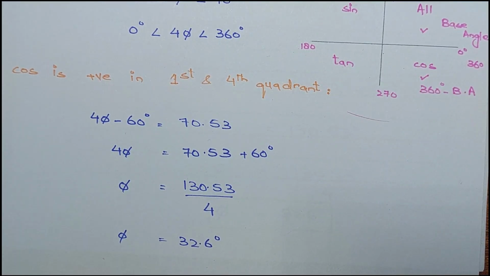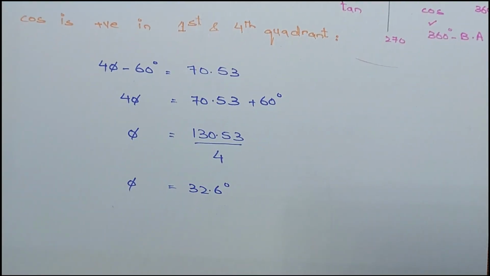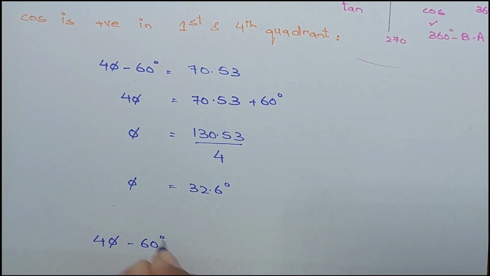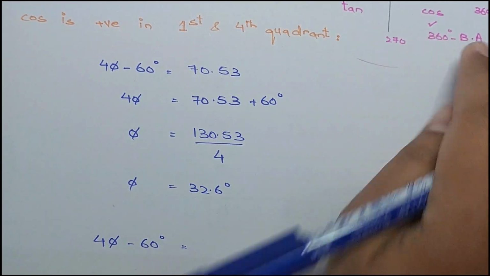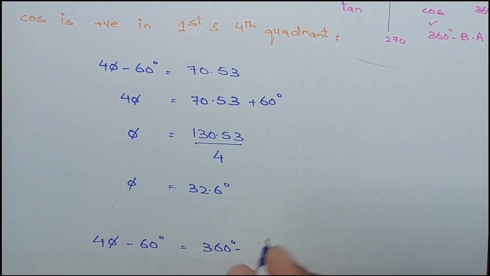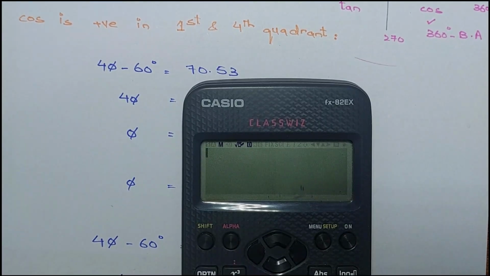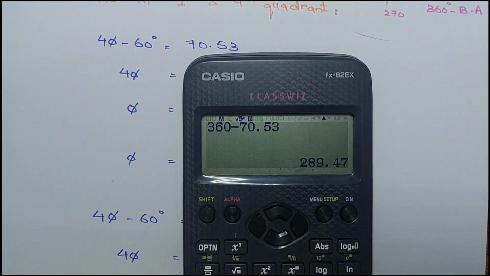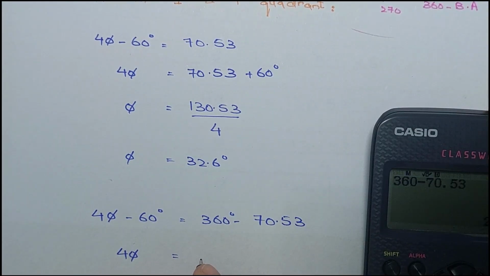And cos is also positive in the fourth quadrant. So what is the answer for the fourth quadrant? The angle is equal to 360 minus the base angle. So 360 degree minus the base angle 70.53. So 4 phi would be equal to 360 minus 70.53, which is 289.47.